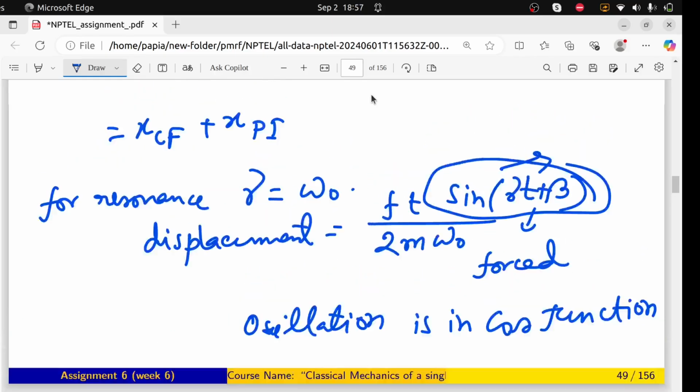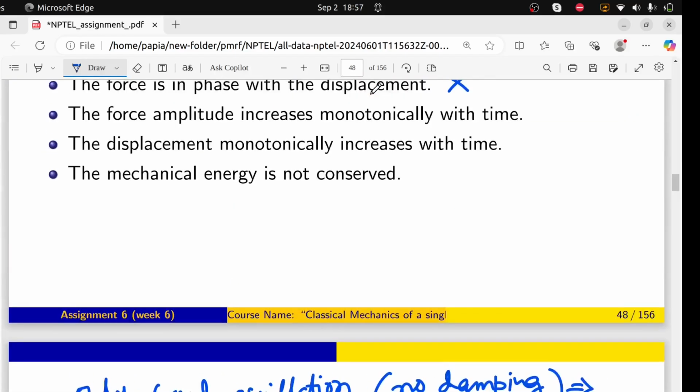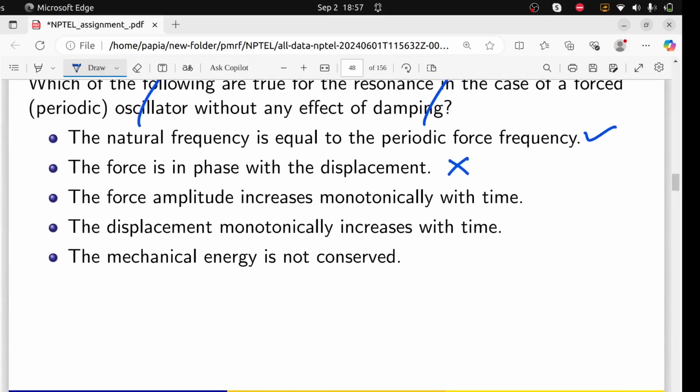So that means it is not in phase. There is a pi by 2 phase difference.